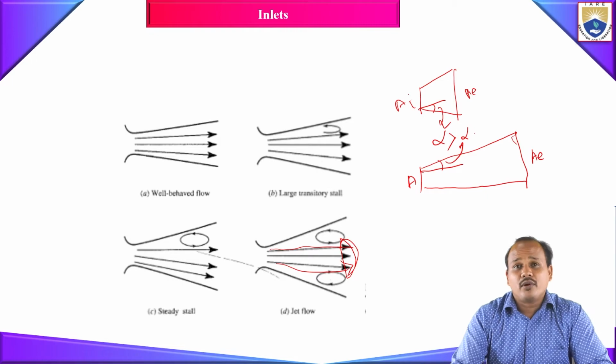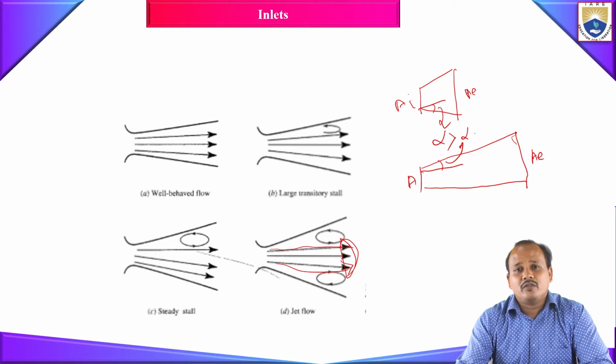If the mass flow rate of your air is reduced, what is going to happen? Ultimately, the thrust generated by your aircraft also will be reduced. So whenever the stall is happening, the mass flow rate entering your engine will be reduced. So the stall not only increases the total pressure loss, not only increases the loss in your compressor, it also creates a loss in your thrust.